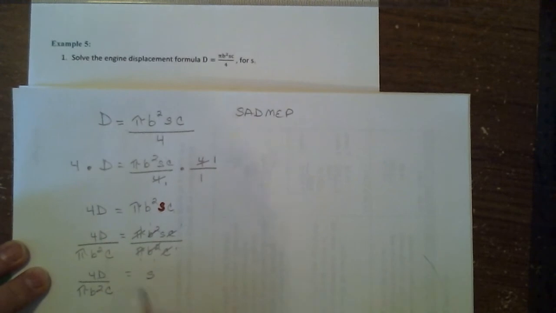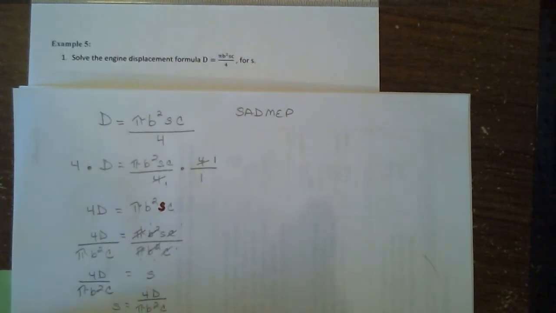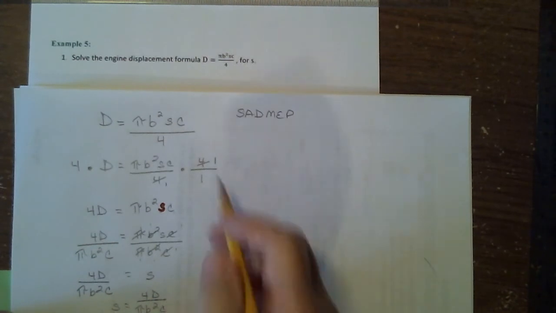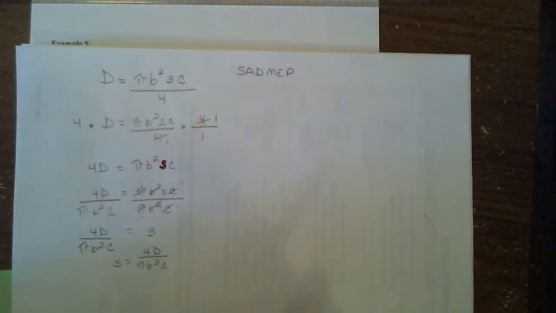I'm going to take him, flip him over, and I got a formula now for stroke. So if I'm looking for the stroke and I know the engine displacement, the bore, and the number of cylinders, this formula is a lot easier to use to solve for stroke than going back to the original formula.